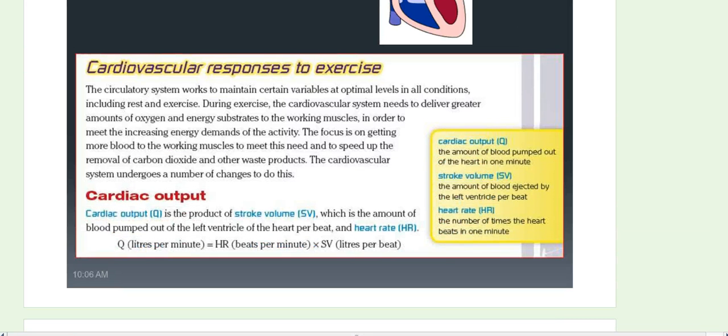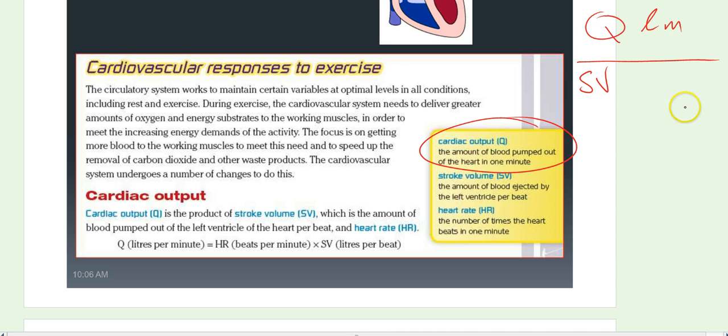So our cardiovascular responses to exercise are very similar in essence to our respiratory. Here we are looking at cardiac output. Cardiac output is Q. Cardiac output is the amount of blood pumped out of the heart per minute. So again, we're looking at litres per minute. Like ventilation, this is made up of two factors.